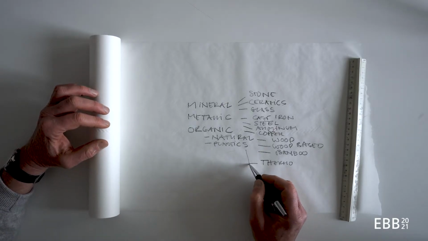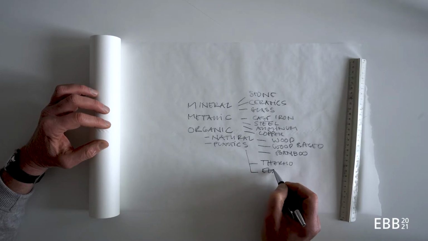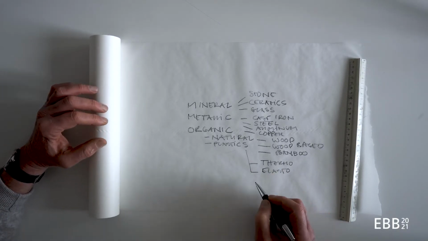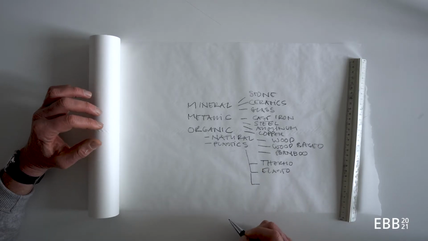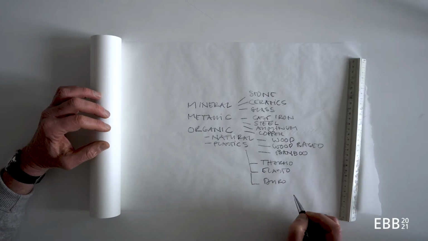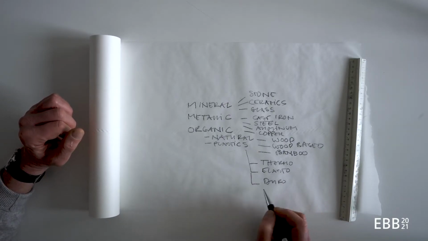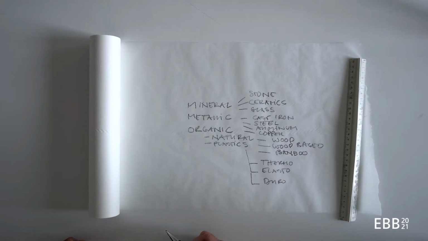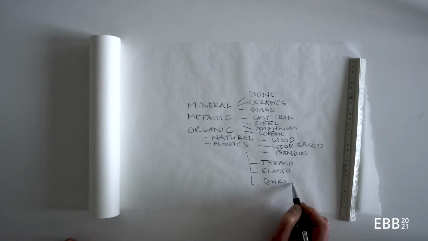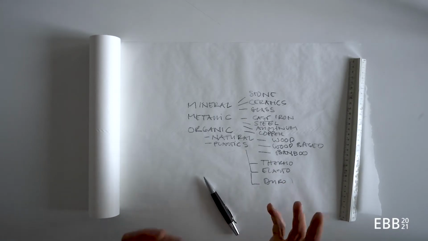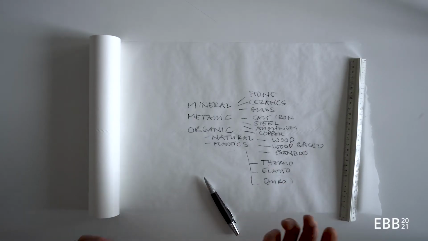Then you have elastoplastic, like rubber and rubber replacement, and then you have duroplastic. Duroplastic are resistant to thermal influence. These would be resins and things like that, normally reinforced with glass fiber or carbon fiber.